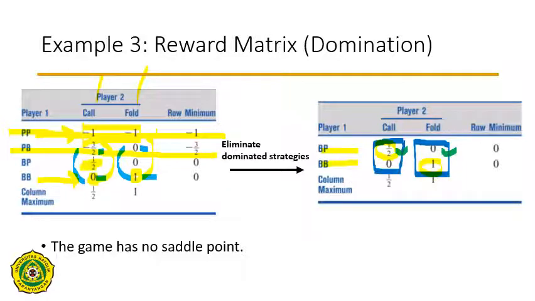But if player 1 plays BB, then call is better for player 2. So you can see that there is something that is better than the other with respect to the strategy of player 1. So there is no more dominated strategies, both for row players and column players.